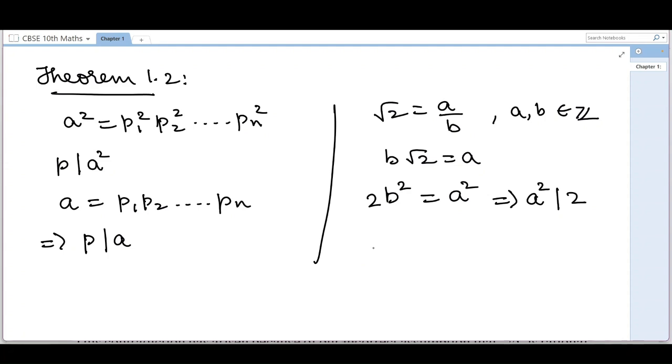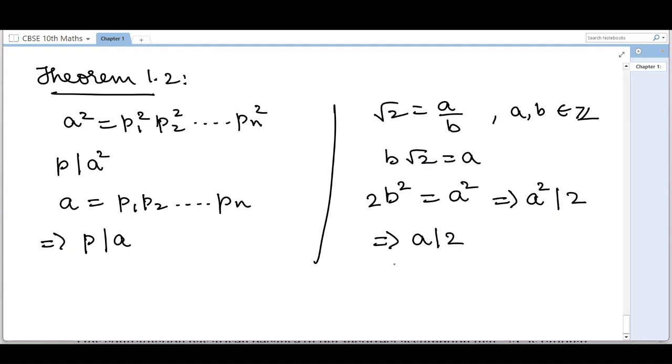By using the above theorem, we can rewrite this result as a is divisible by 2, because the above theorem states that if P is a prime and if P divides A square, then P will divide A. So 2 is a prime, and if 2 divides A square, then definitely 2 will divide A. So 2 divides A.